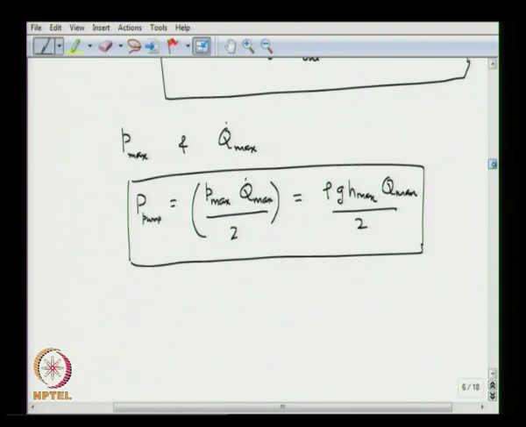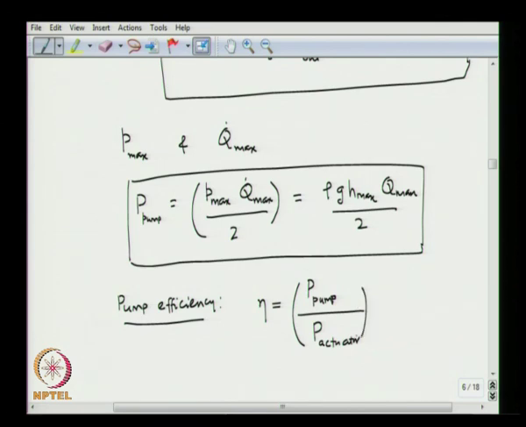The other important parameter for the pump is the pump efficiency. So, eta, the pump efficiency, is defined as the power delivered by the pump, which is P max Q max over 2, divided by the rate of energy supply to the actuator.